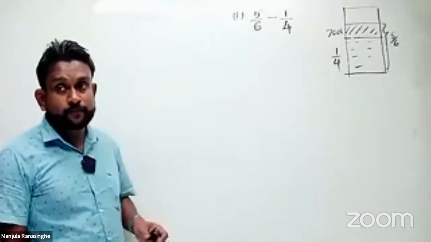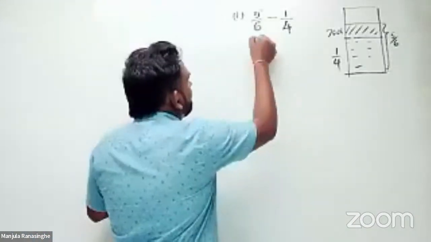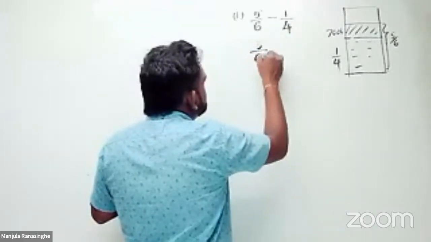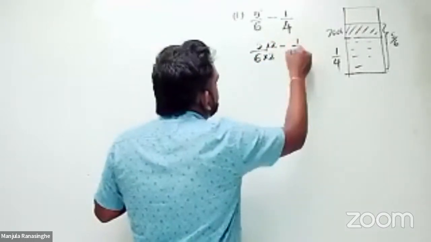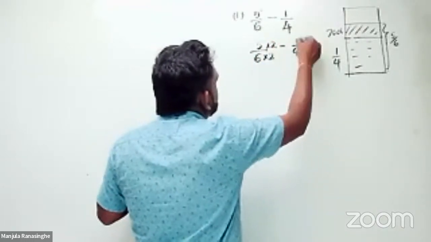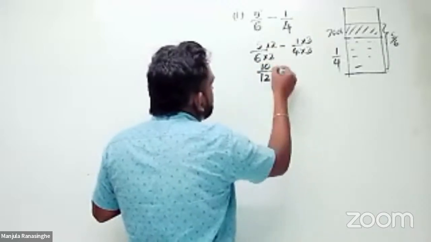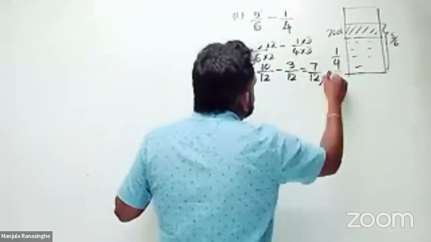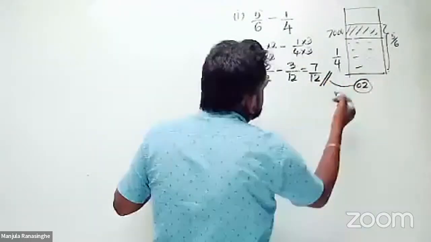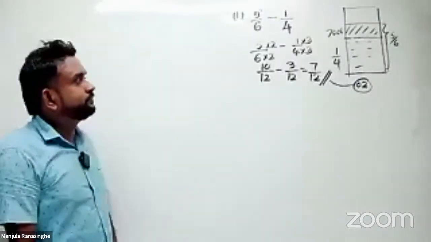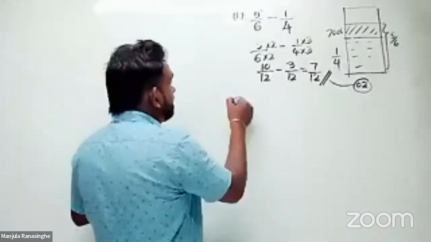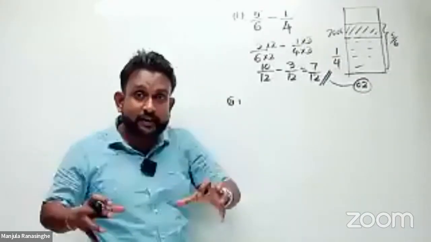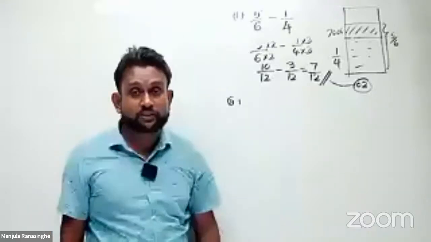Now subtract: 6 and 4 convert to 12, so multiply 5/6 by 2 and 1/4 by 3. Then 10 upon 12 minus 3 upon 12 is 7 upon 12. That is the fraction used. You have 2 marks there.